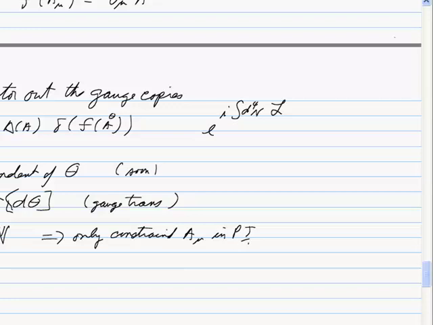Okay, so then we end up with the final Z of J, which has this constraint f in it.